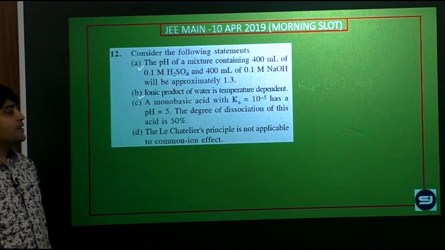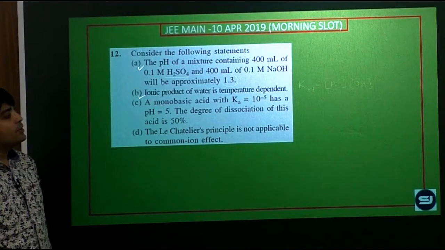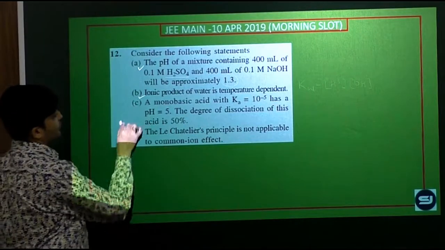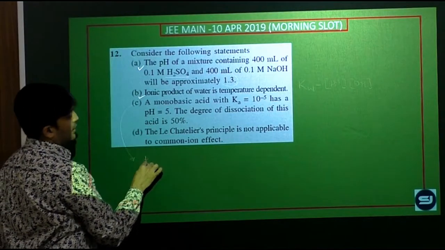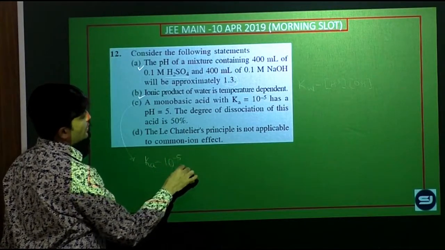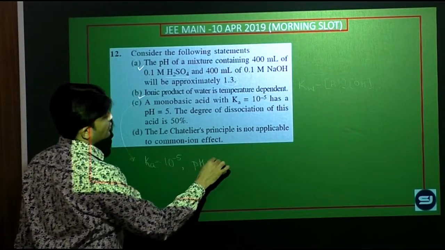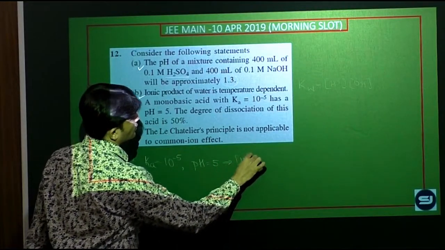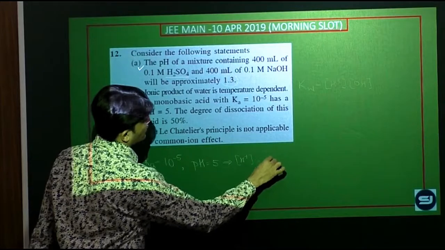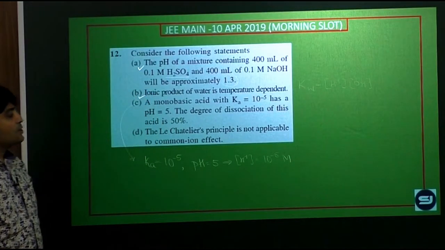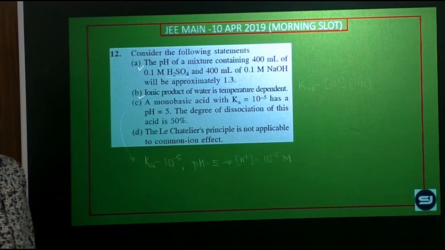C. A monobasic acid with Ka equal to 10 power minus 5 has a pH equal to 5. Ka is the dissociation constant of the acid, 10 power minus 5. The pH is given to be equal to 5, which means the H plus concentration would be equal to 10 power minus 5 molar. The degree of dissociation of this acid is 50%.